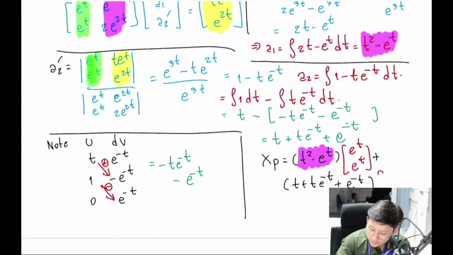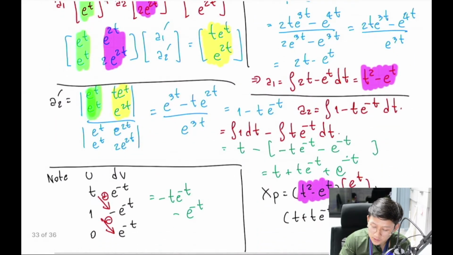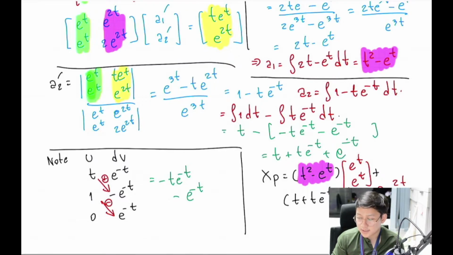And then x2 would be e to the 2t and 2e to the 2t. So I would get e to the 2t, 2e to the 2t. And this is actually xp. Okay.